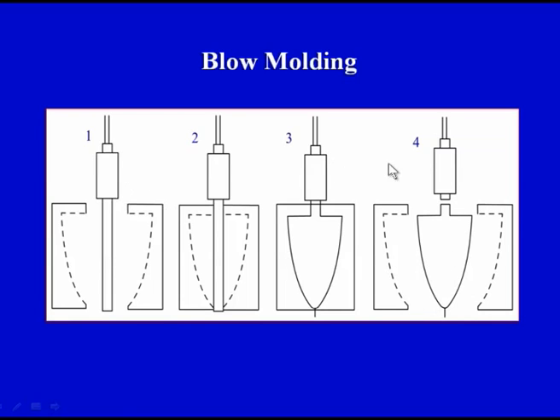So it is a 4-stage process, stage 1, 2, 3 and 4. Stage 1, raw material is fixed, 2 halves are open, 2 halves of the mold close down, air is injected, raw material inflates, adheres to the wall of the mold, the mold opens and the final product is taken out.